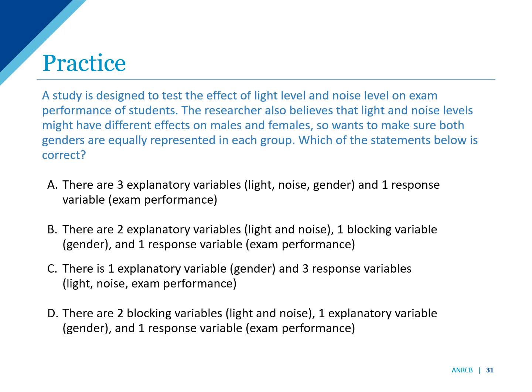B, there are 2 explanatory variables, light and noise, 1 blocking variable, gender, and 1 response variable, exam performance. C, there is 1 explanatory variable, gender, and 3 response variables, light, noise, and exam performance. Or D, there are 2 blocking variables, light and noise, 1 explanatory variable, gender, and 1 response variable, exam performance.